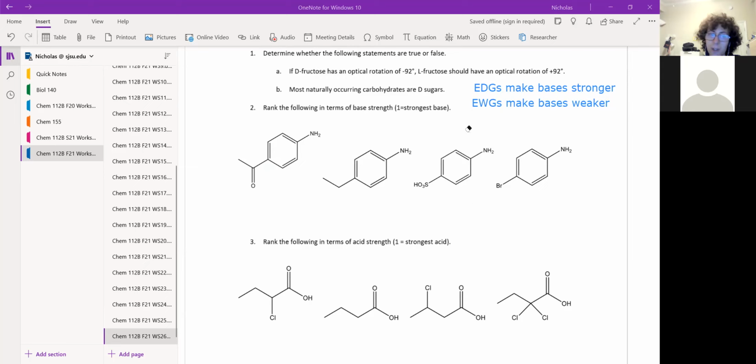And if you have a hard time remembering this, just remember what a base is. Bases have a lone pair and they like to donate it to acids. That's close. I'll get to that in a minute. I just want to explain these trends a little quickly. But yeah, so bases want to donate electrons.